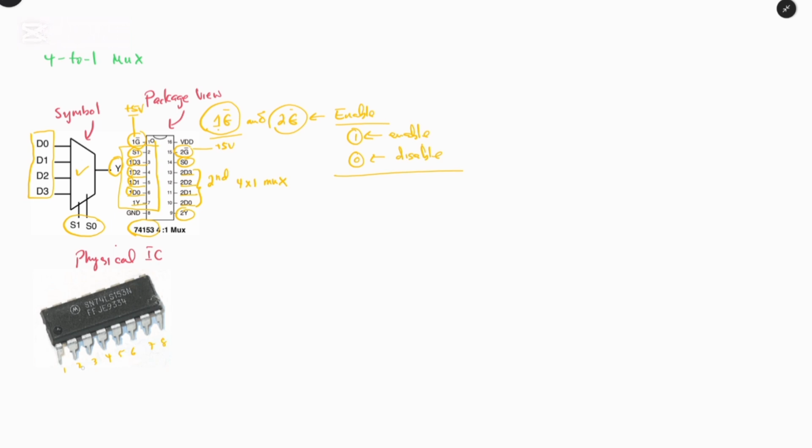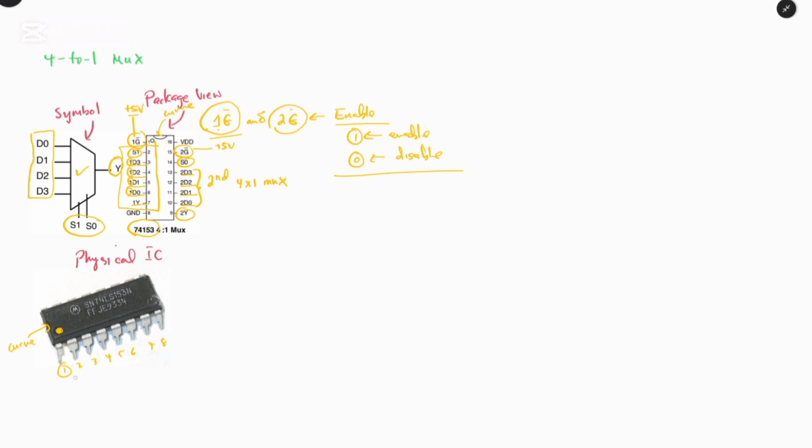So to identify which is pin 1, we normally give the reference with respect to the chip, which is the notch. So this notch represents the header of the chip. So this represents the first pin of the chip. So that means this is pin 1.